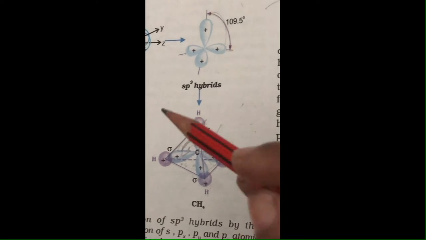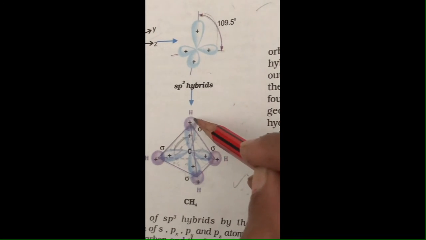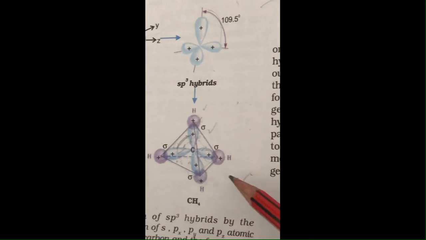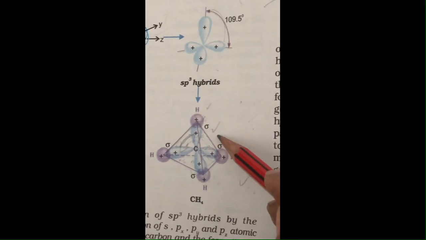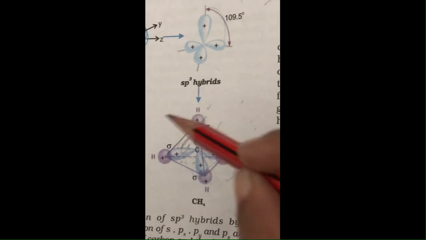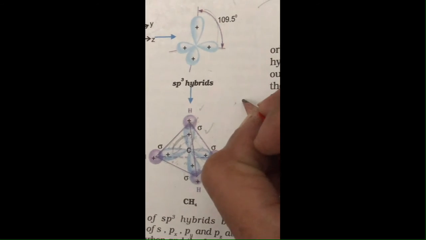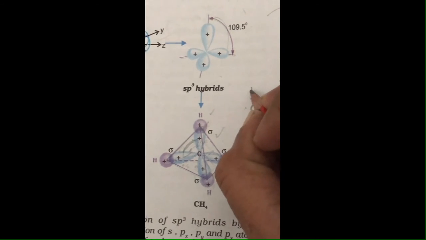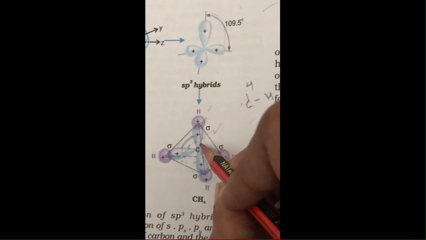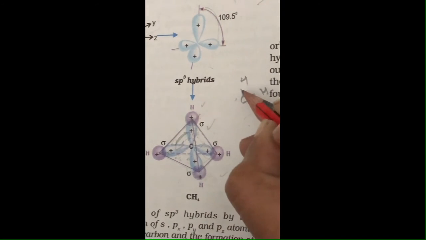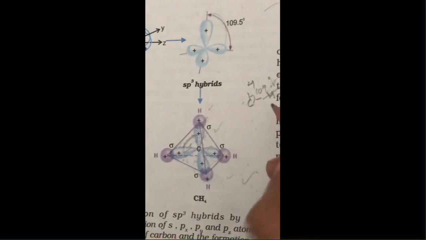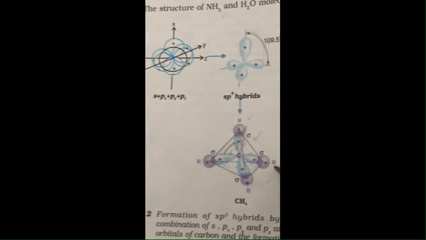Clear? And here at the corners there is the overlapping of the 1s orbital of the hydrogen atom with these 4 sp3 hybrid orbitals, and the angle between these bonds, H-C-H, will be approximately 109.5 degree. Clear? This is the angle.